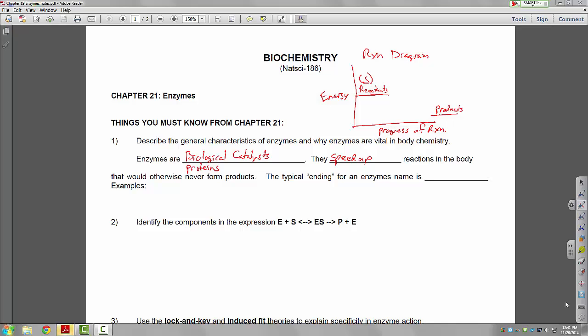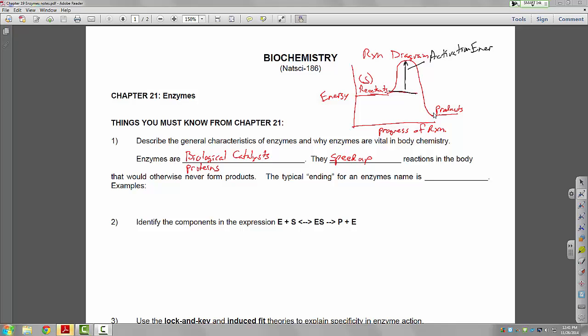And you might think, oh, well, we just go from reactants here down to products. But instead, there's actually a barrier between these two, and this is referred to as the activation energy. Actually, I'm going to use a different color here.